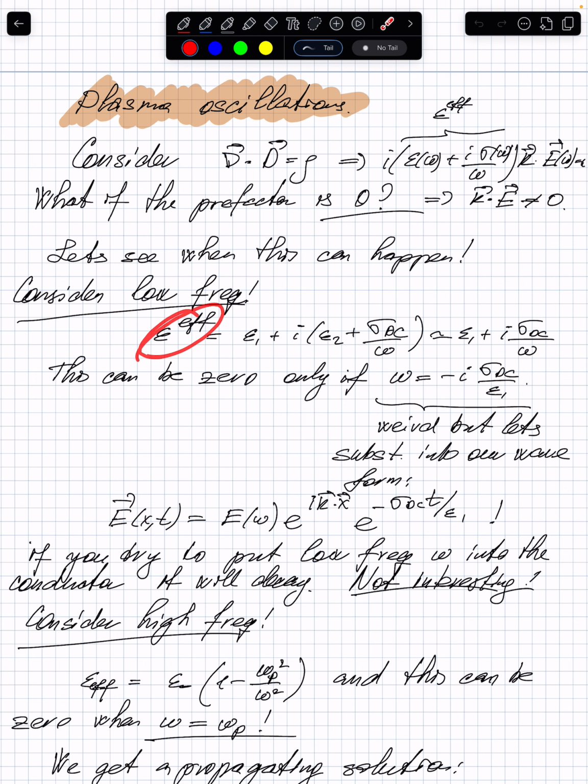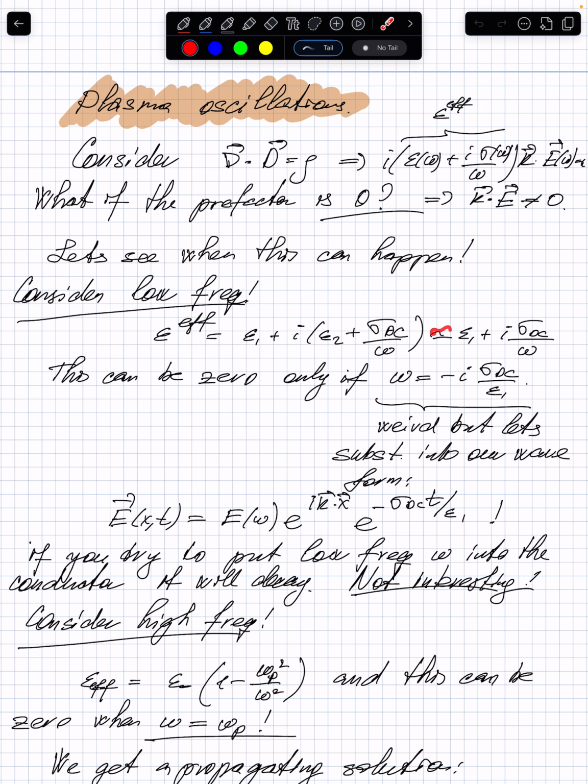So at low frequency, this bracket is just epsilon effective. It is given by the real part, some epsilon 1, so it's epsilon 0 plus corrections, including a contribution from the imaginary part of epsilon, epsilon 2, plus this contribution over here, where I use the fact that at small frequencies sigma of omega can be approximated by sigma dc.